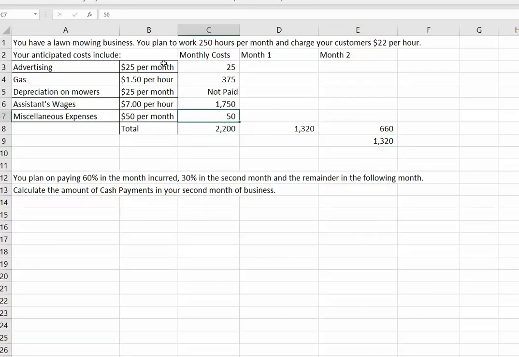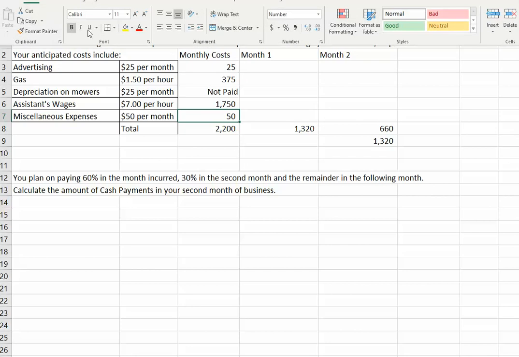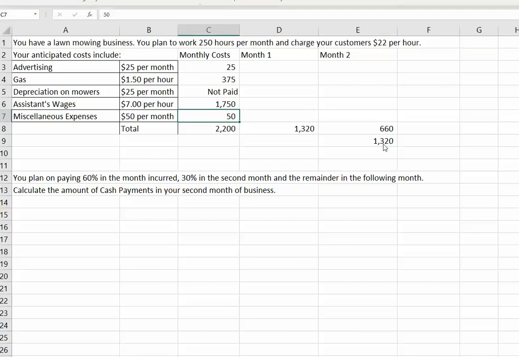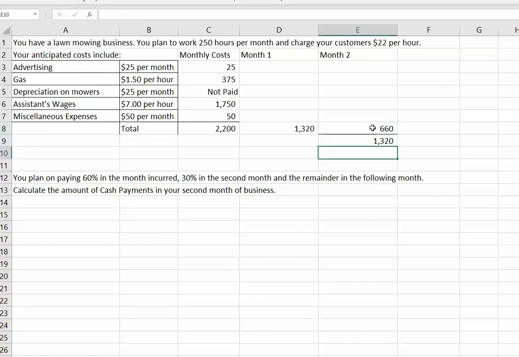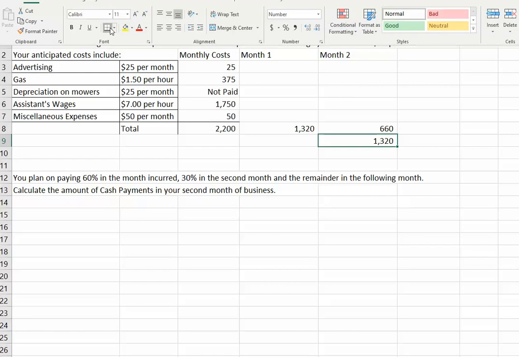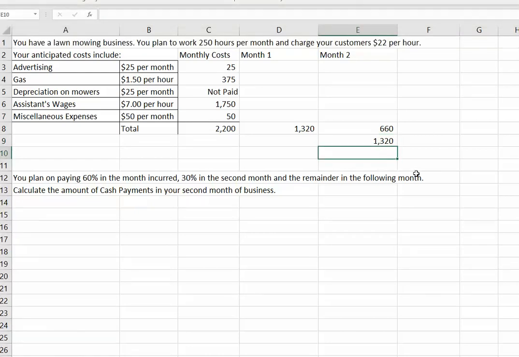So we are recording the total cash paid in month 2. It consists of 30% of the first month's costs, or $660, and then 60% of the second month's costs, for a total of $1,980.